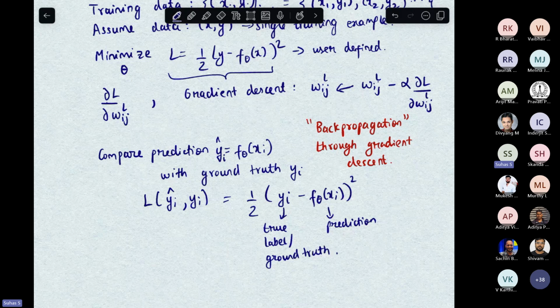You want your f theta of xi to be as close to yi as possible. So when you have a non-zero loss, that is what you want to minimize as much as possible, and that is what will update your weights. It tells them: with your current value, you're giving an error of 12.5, but can you update it so that 12.5 becomes lower? Okay, is that clear?